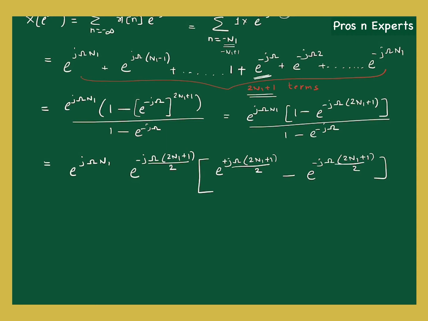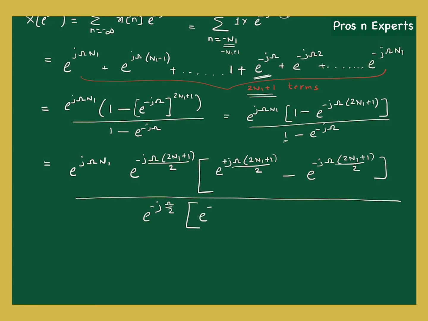Okay, so that is about the numerator. Divided by, what is the denominator? Again, do the same procedure. Here it is e raised to minus j omega. You take e raised to minus j omega by 2 common out of the bracket. Same procedure we have done in the numerator. Now what happens to this value?